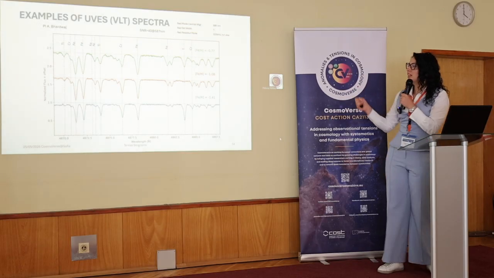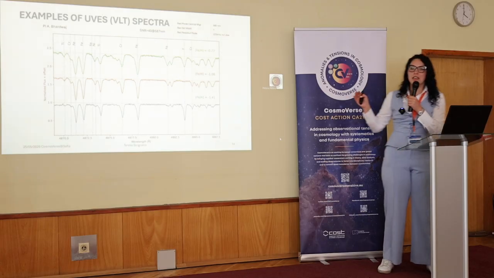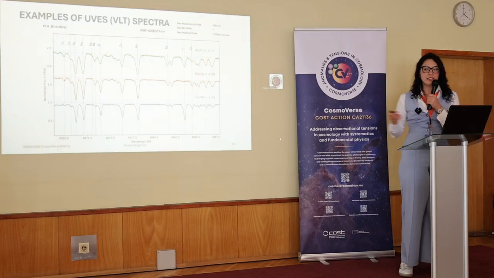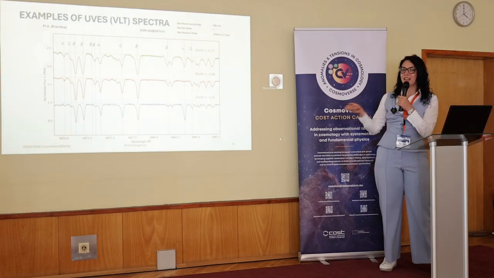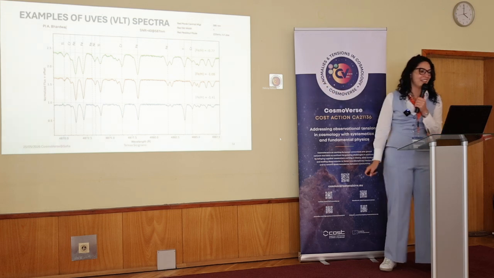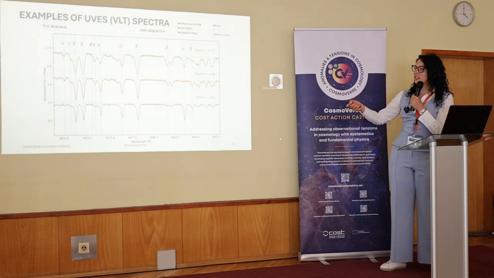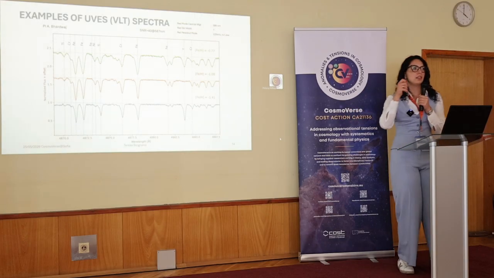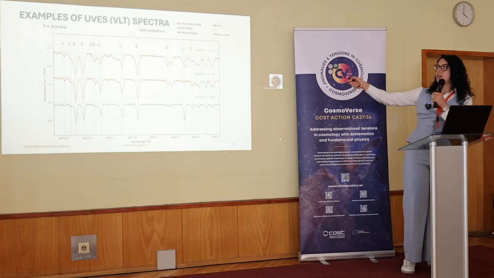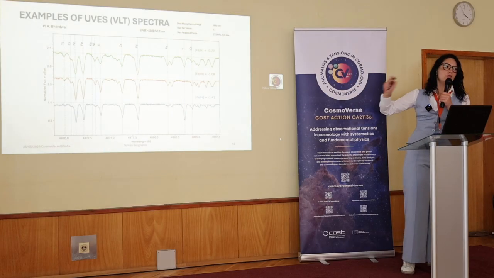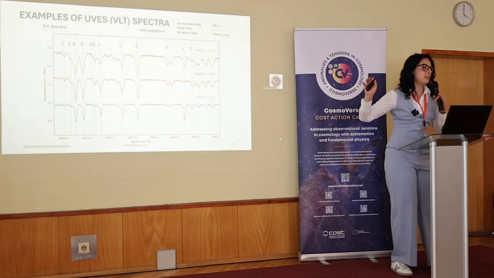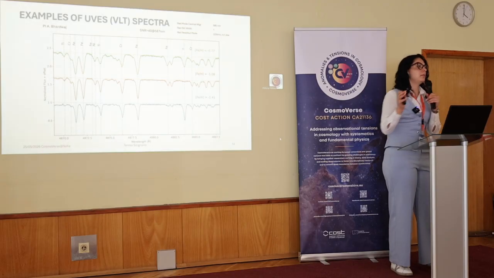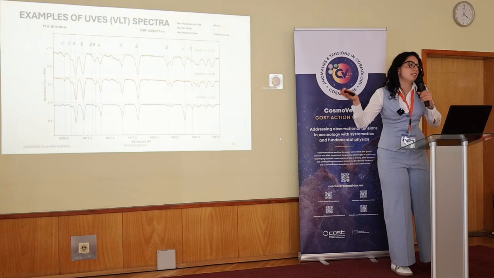For instance, these are spectra of 3 different type 2 Cepheids, and you can see a different metallicity. Metallicity means iron over H. When iron over H is equal to 0, it's solar metallicity. Numbers that are lower than 0 are metal poor, because they are more metal poor than the sun.